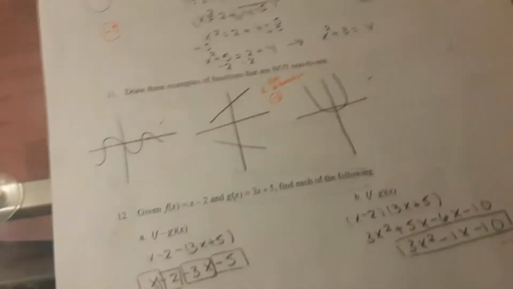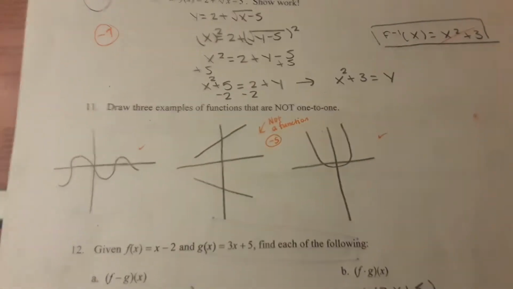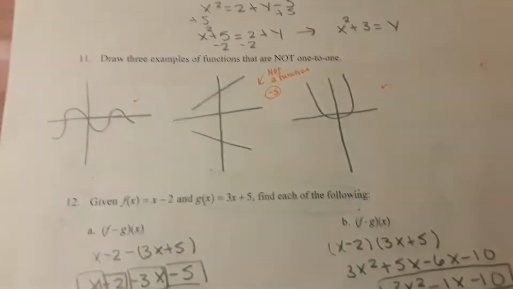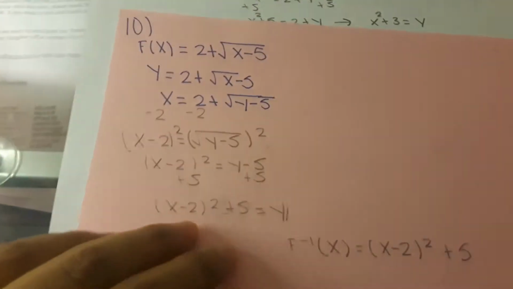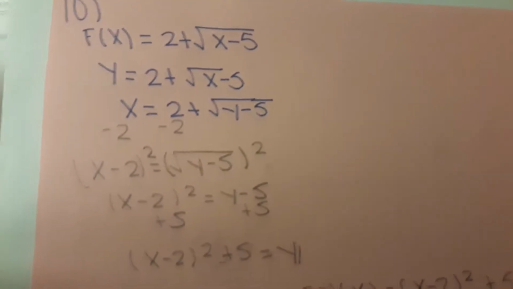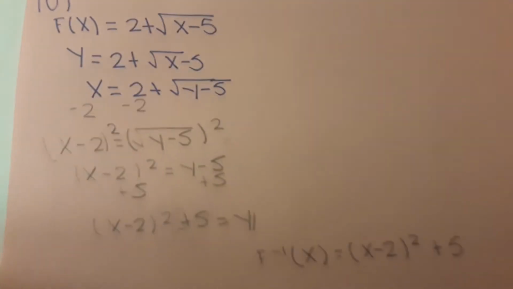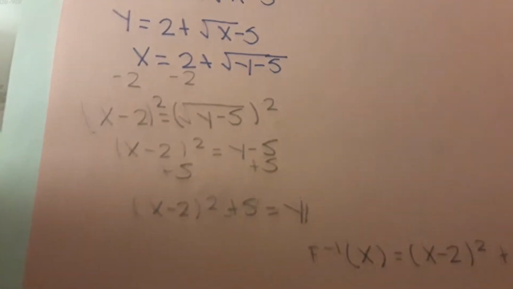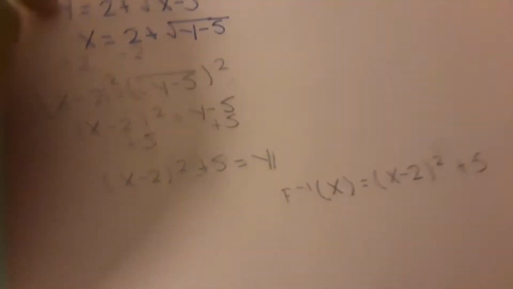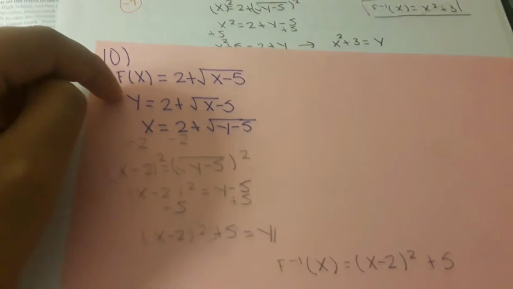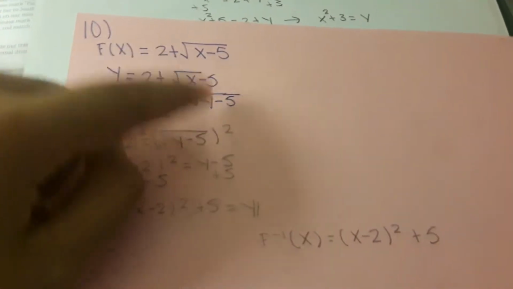So the other problem I got wrong was number 10, where it asked me about f of x equals 2 plus the square root of x minus 5. What you were supposed to do is, again, switch the variables, y to x and x to y.